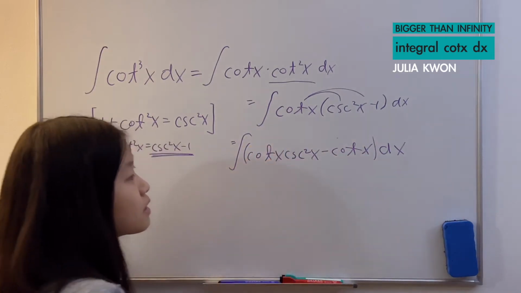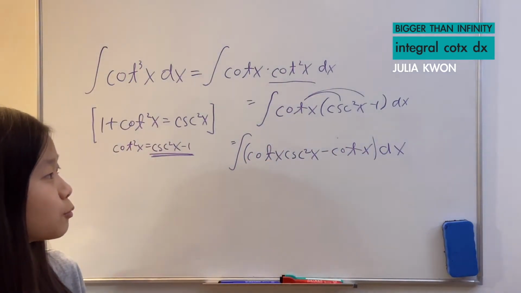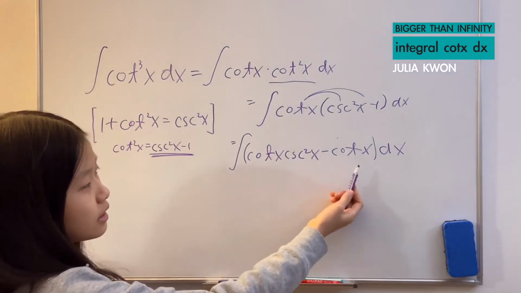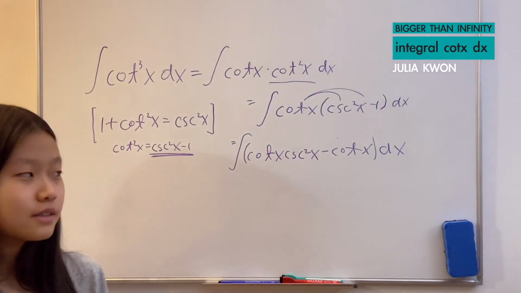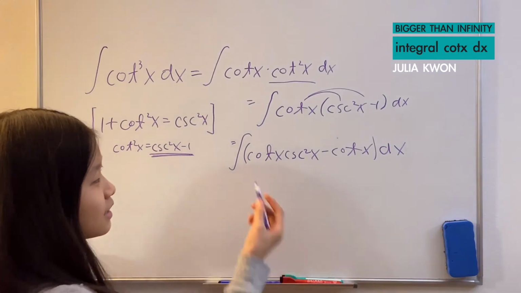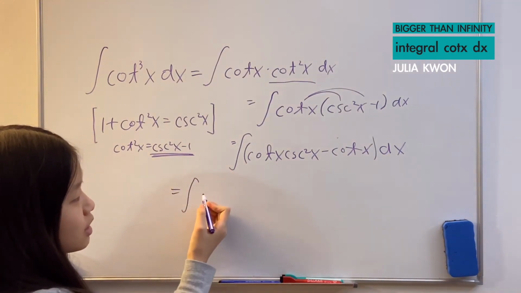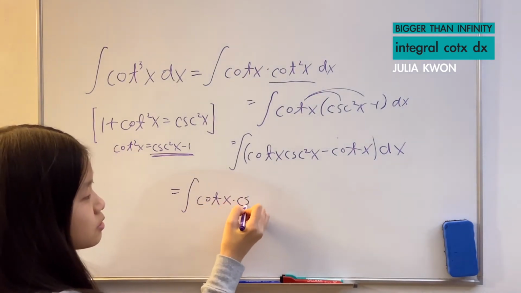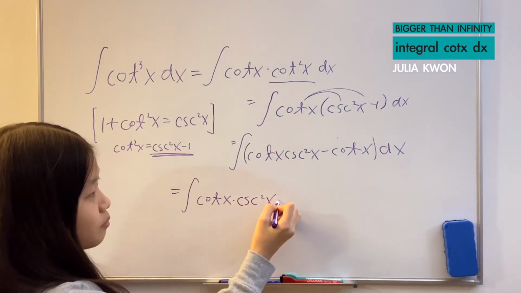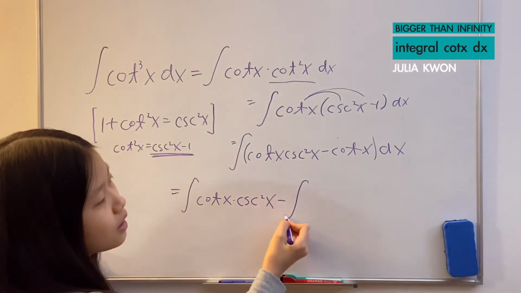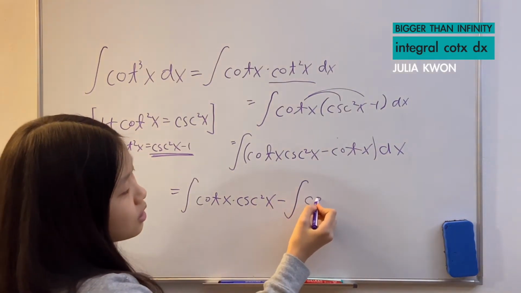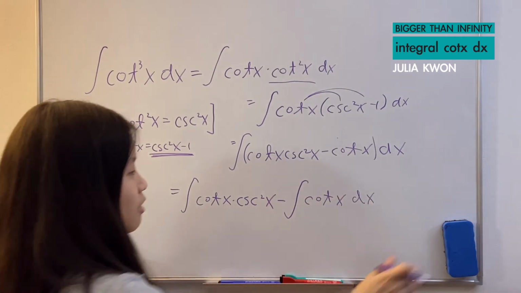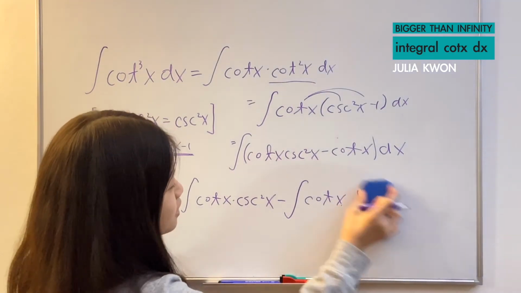We don't have to do it, but I'm going to be separating these two integrands so that we would have two different integrals. We're going to have the integral of cotangent x times cosecant squared x minus the integral of cotangent x dx. I forgot the dx here, so I'm sorry.